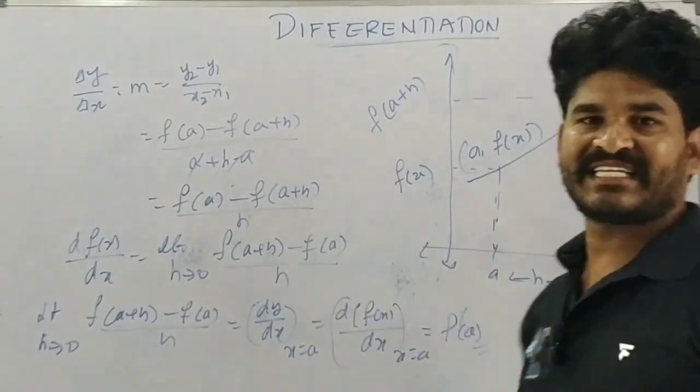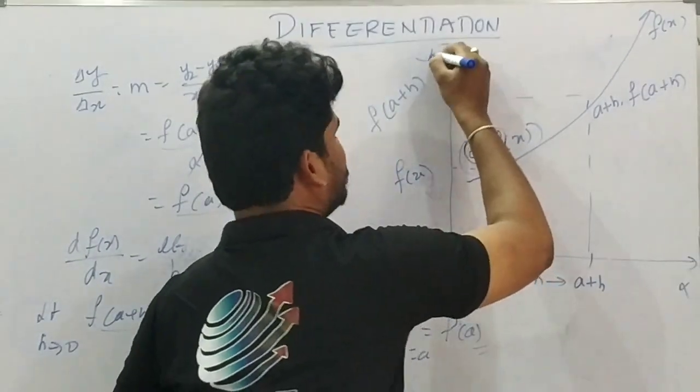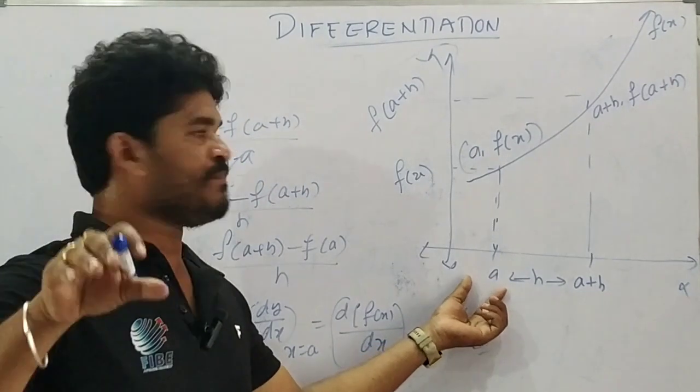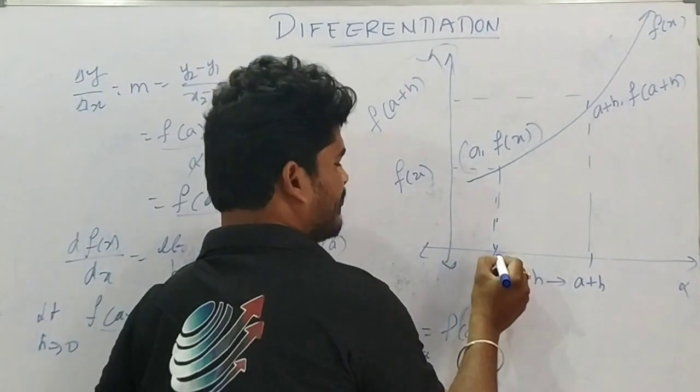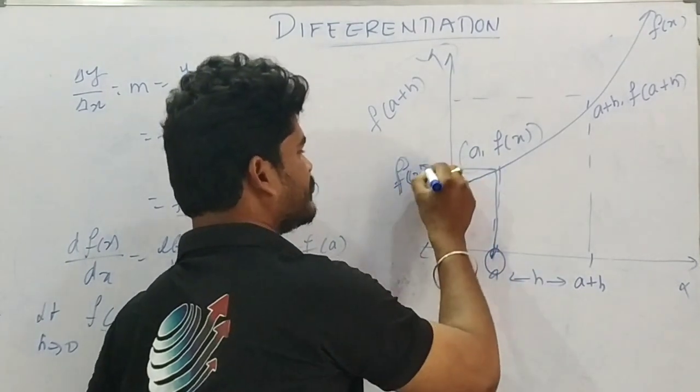Next, observe this graph. On the x-axis, the point is a. Whenever we take the x-axis point a, the function value is f of a.